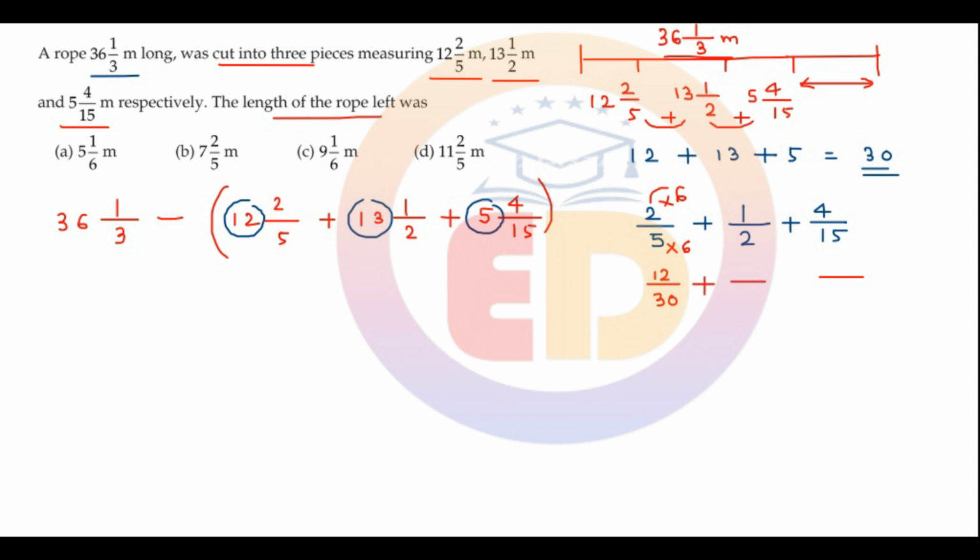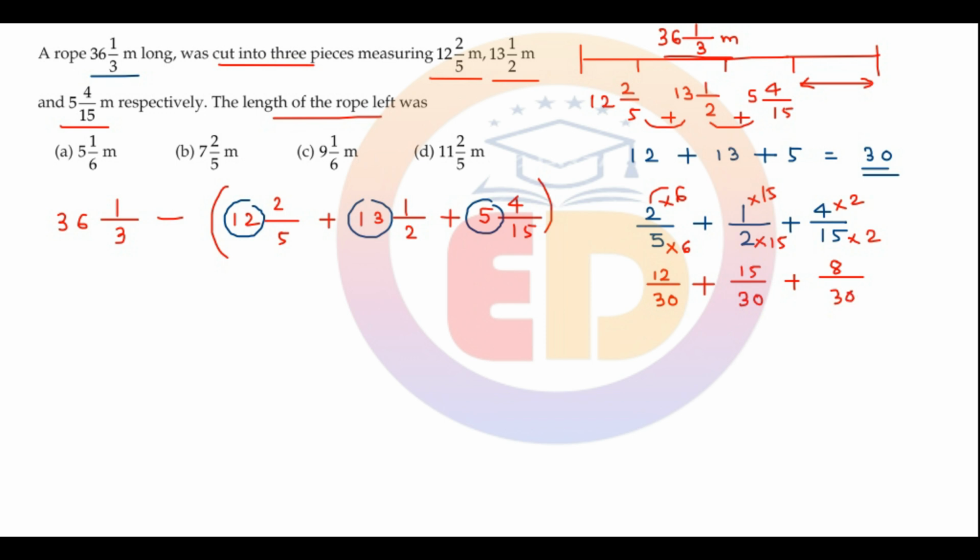Plus, convert the denominator 2 to 30, multiply by 15 and multiply the numerator also by 15. So 1 into 15 is 15 upon 2 into 15 is 30. Plus, convert the denominator 15 to 30, multiply by 2 and multiply the numerator also by 2. 4 into 2 is 8 upon 30.